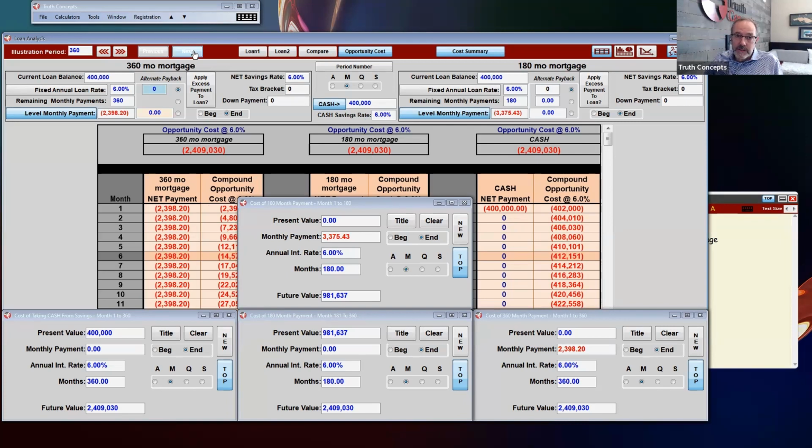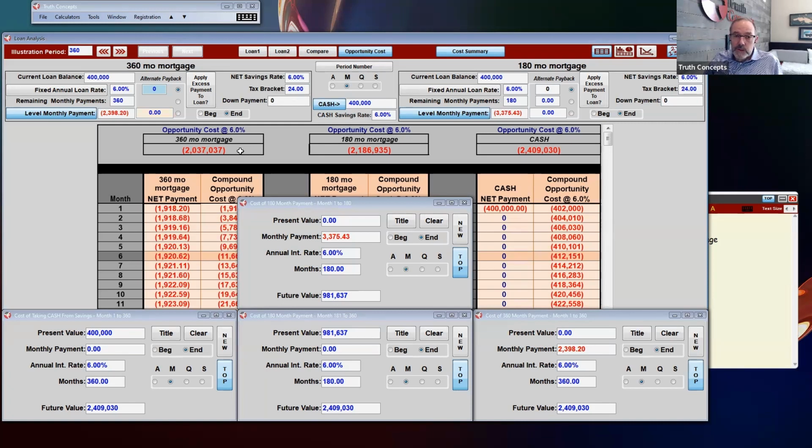What else do we have to consider? Well, if the loan interest is tax deductible, and let's say that was in a 24% tax bracket, then what happens is we see a difference in the cost.